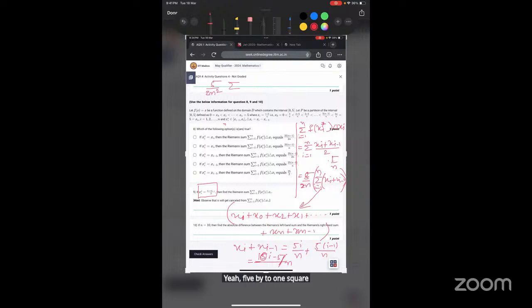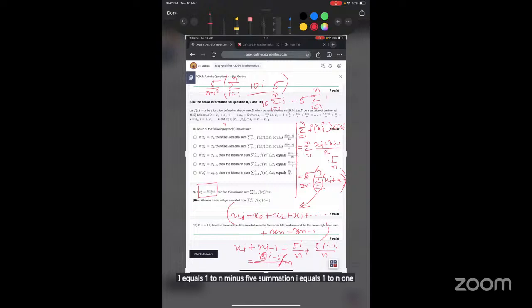Then the summation from i equals 1 to n of 10i minus 5. If we separate it, we can take it as 10 times the summation of i from 1 to n, minus 5 times the summation of 1 from 1 to n.